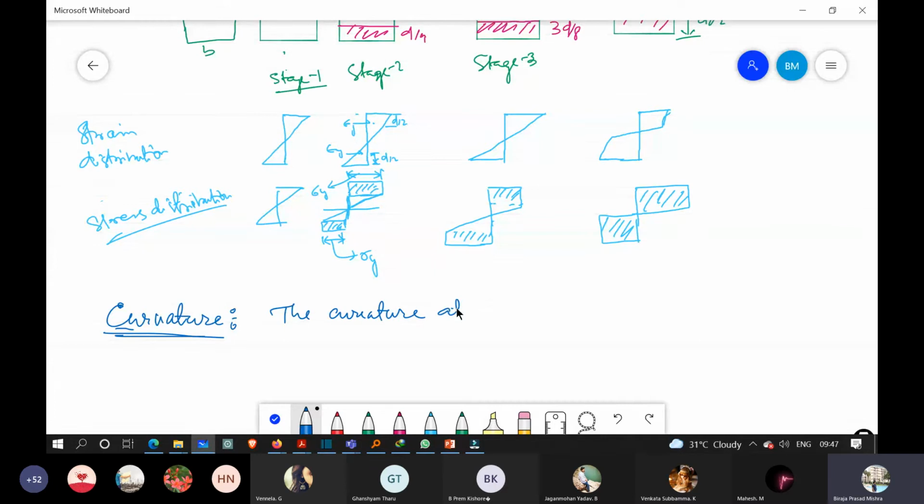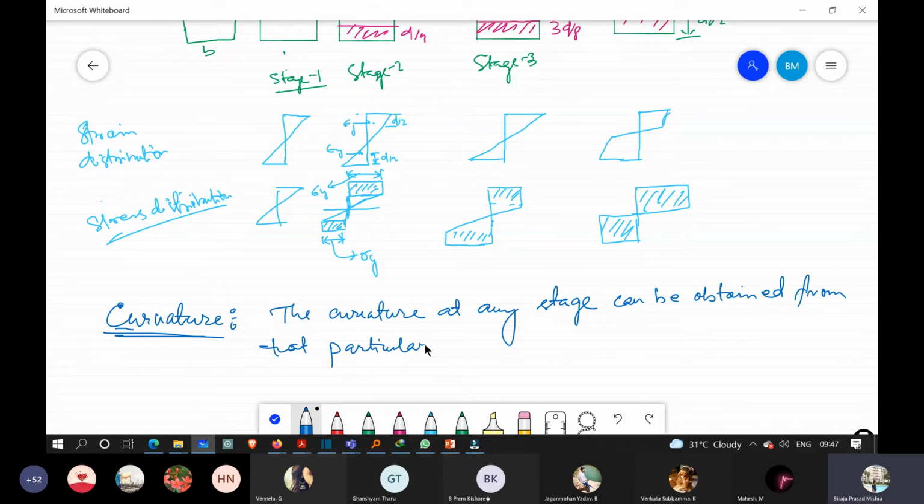At any stage means at any stage from stage 1 to stage 4, can be obtained from that particular stress distribution.